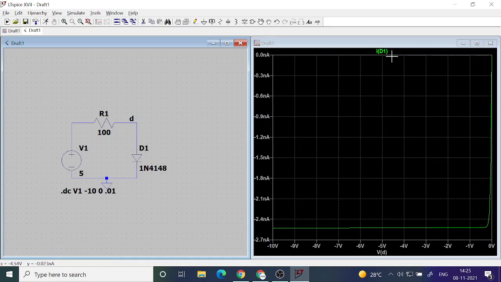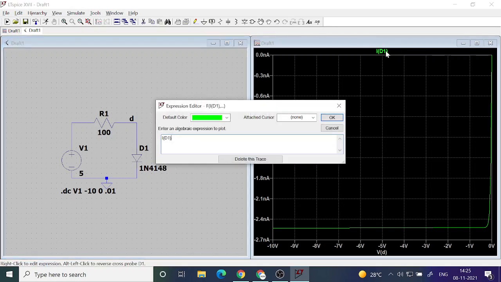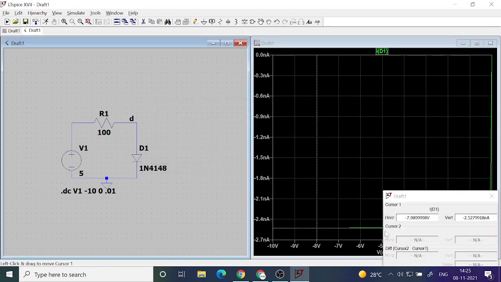If you want to know the exact value, just go here, take the cursor, and you can measure that. It is exactly minus 2.53 nanoampere. So this is the current that is flowing in the negative direction.